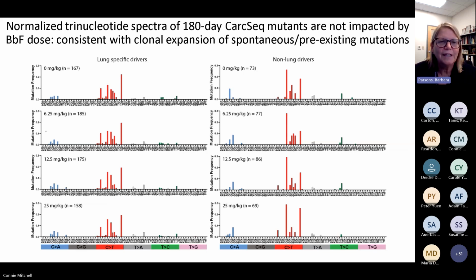And what you see is that these spectra look like spontaneous spectra and that there is no impact of dose on these mutations. For that reason, I think these results are consistent, in conjunction with the earlier result where I showed you the increases, with clonal expansion of spontaneously occurring or pre-existing mutations. Next slide, please.